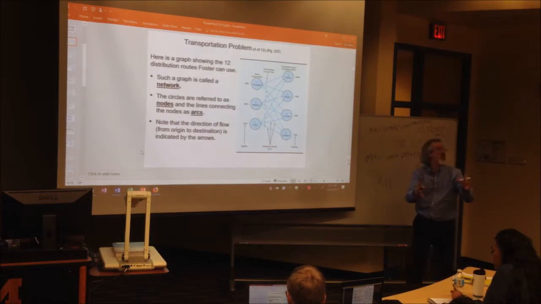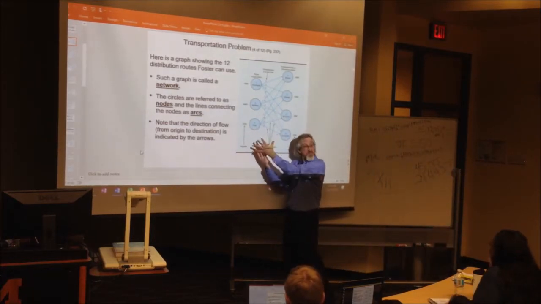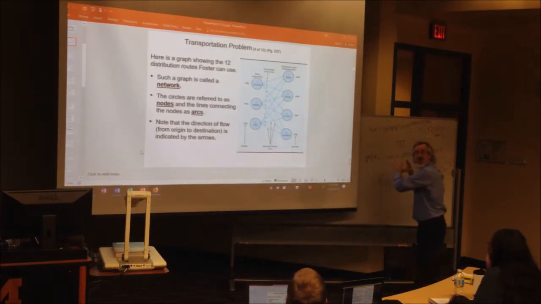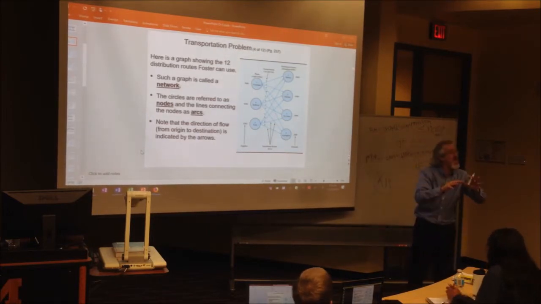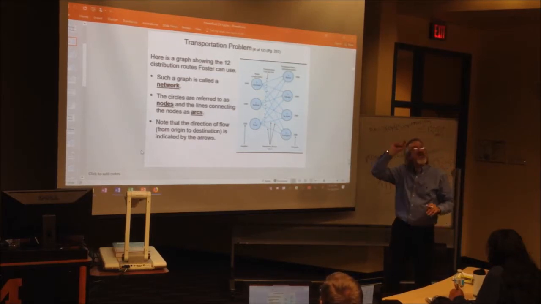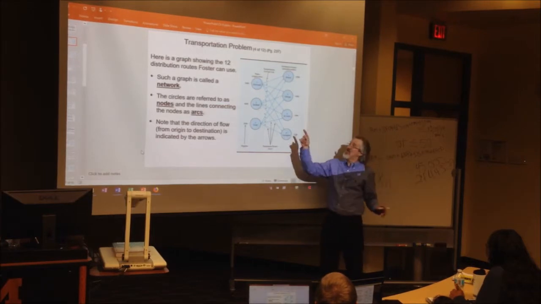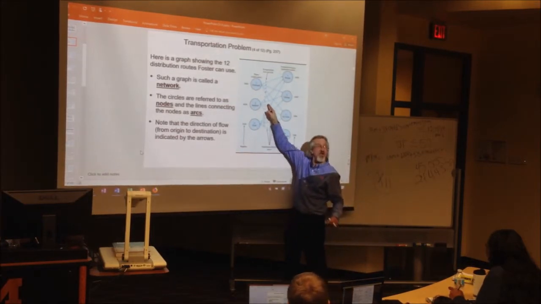There's going to be a story, and that story is going to lead you to maybe drawing this, or you might be given this. Then once this is drawn, you use this to write your objective function and constraints. Your objective function is either max or min. Every variable, which you told me there's 12, is in the objective function. In the objective function is the only time you're using these numbers on the arcs.